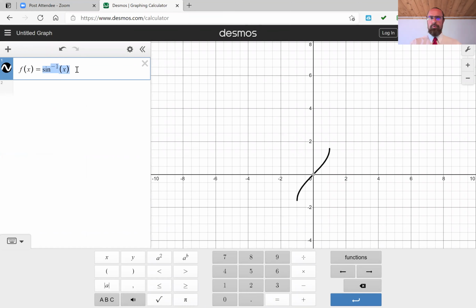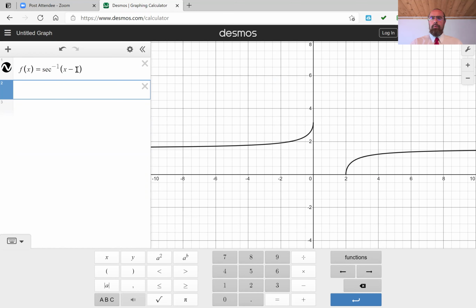Here's our next one. We'll use a similar way of writing. Instead of y, I'm going to use f of x. Instead of theta, I'm going to use x. You could select inverse secant from the list, or you can just type it in. Then I'm going to put x minus 1 for my angle.